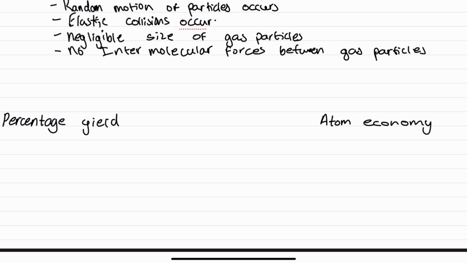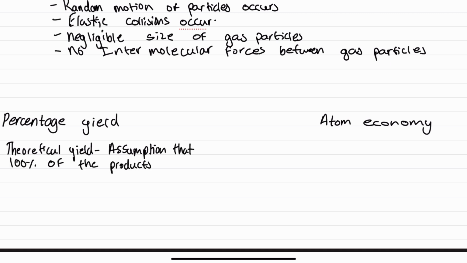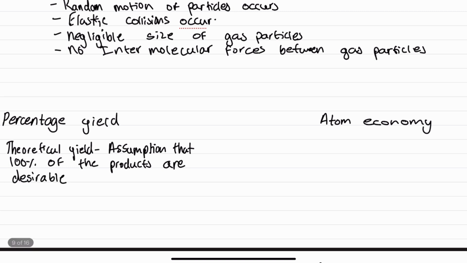Now, percentage yield has one definition that you must know, and so does atom economy. For percentage yield, we have the theoretical yield. This means that there's an assumption that 100% of the products are desirable. Now, the percentage yield is trying to understand what percentage of a reaction gives you the wanted product.